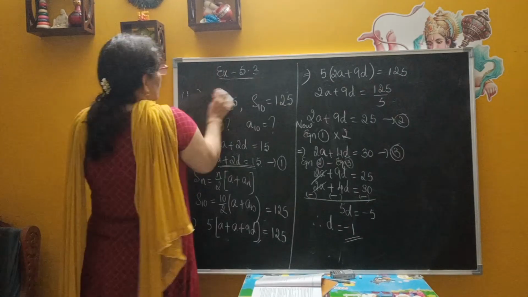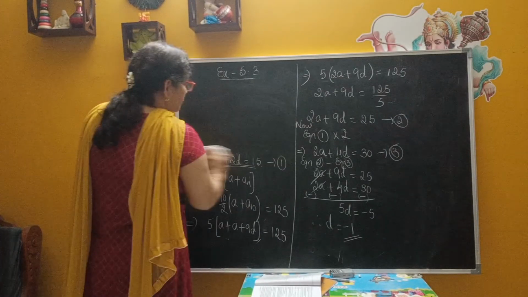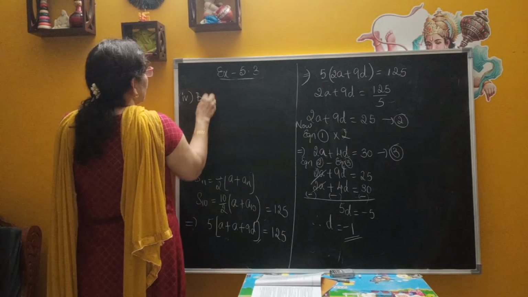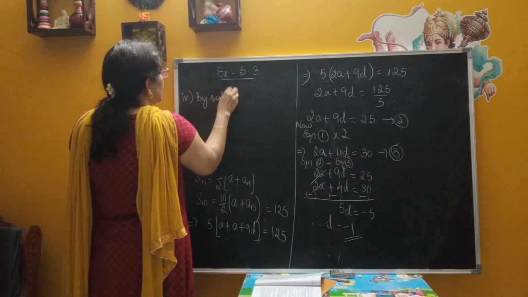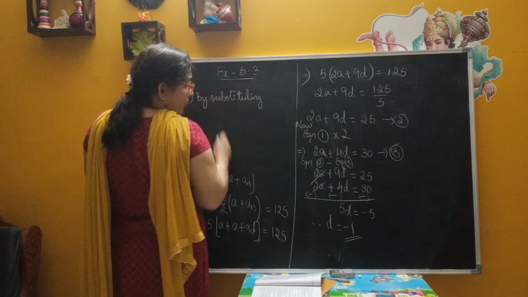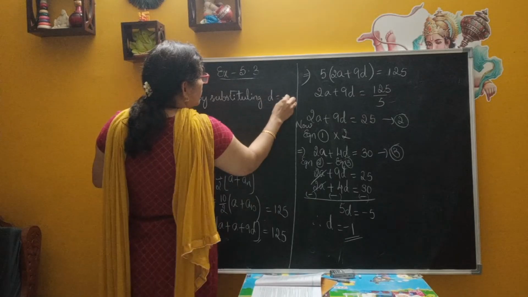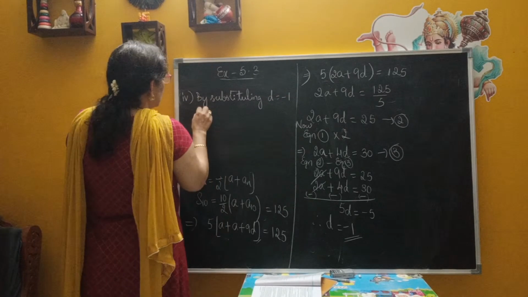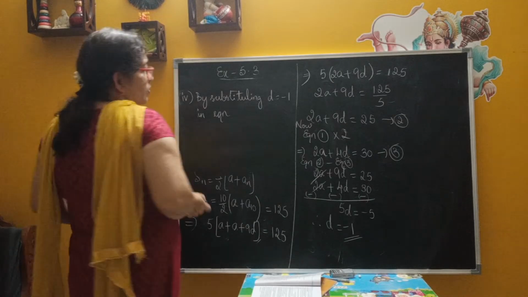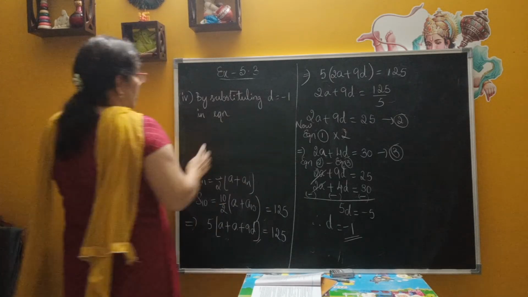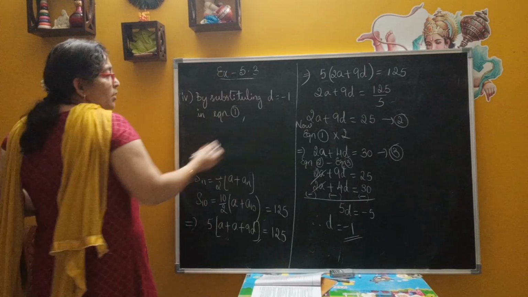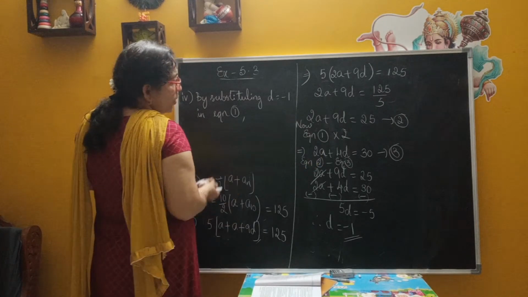Okay, now let me write. By substituting D is equal to minus 1 in the equation, which one do you want? Let us take equation 1. What is that equation? You can use 2 or 3 also.